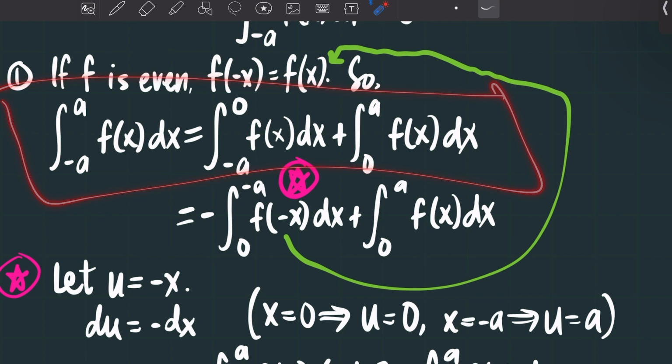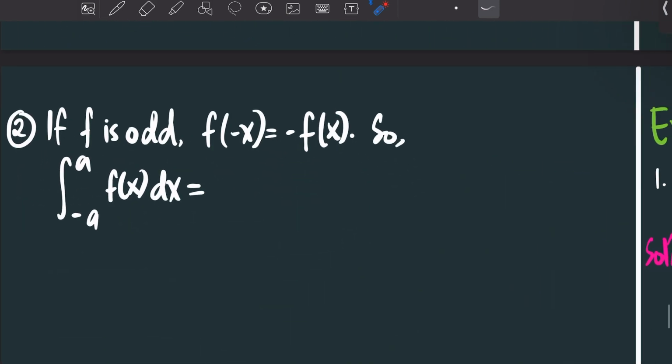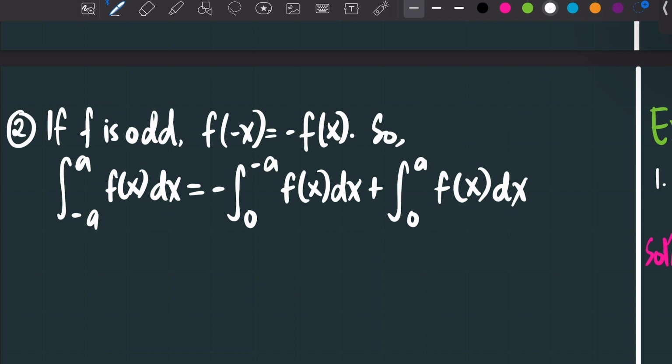So, split natin siya at x equals 0. Then, apply a change of bounds. So, mag-a-apply lang tayo ng negative sign. So, we get here the negative of integral from 0 to negative a of f of x dx plus the integral from 0 to a of f of x dx.